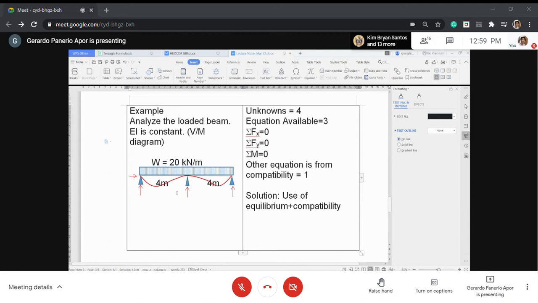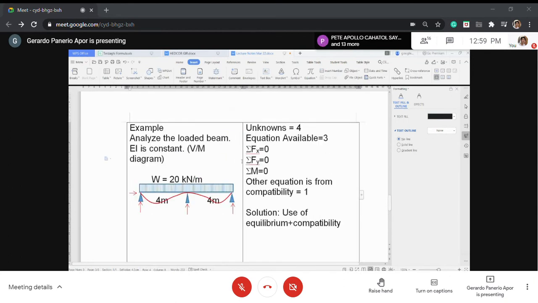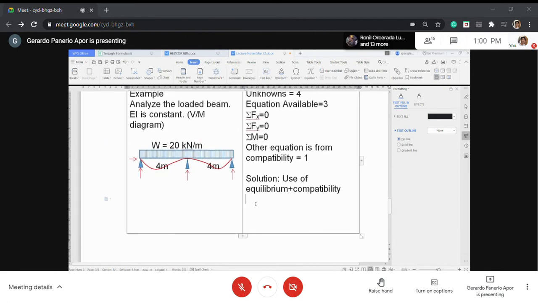But you cannot determine the reaction right away, because this is what we call indeterminate to the first degree. So the degree of indeterminacy is equal to 1.